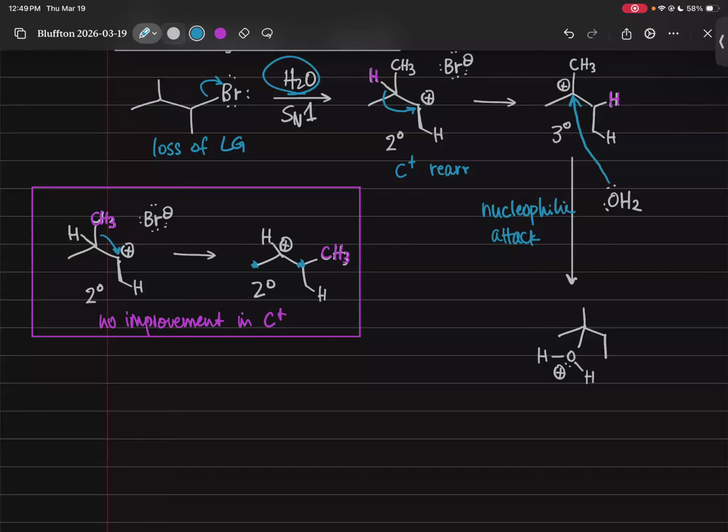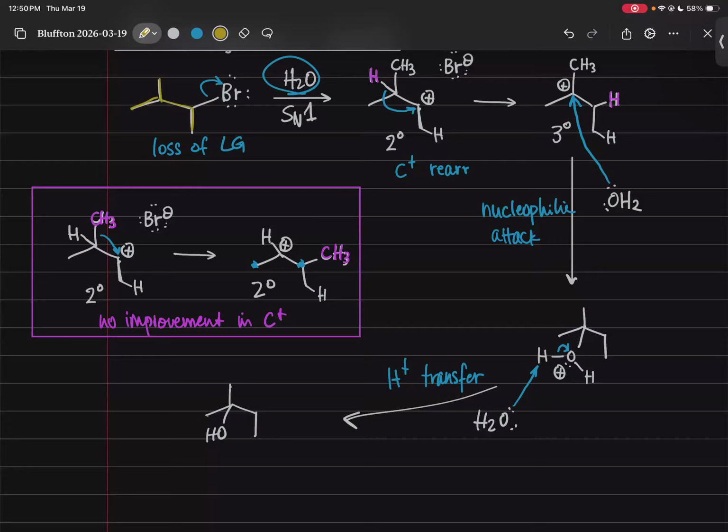And then the last step is a proton transfer, where we use another water molecule, another nucleophile, that instead acts as a base and pulls a proton away from the oxygen. So that's our product.